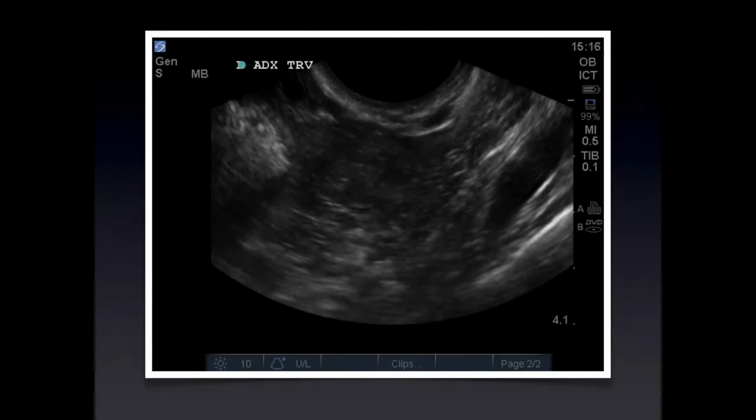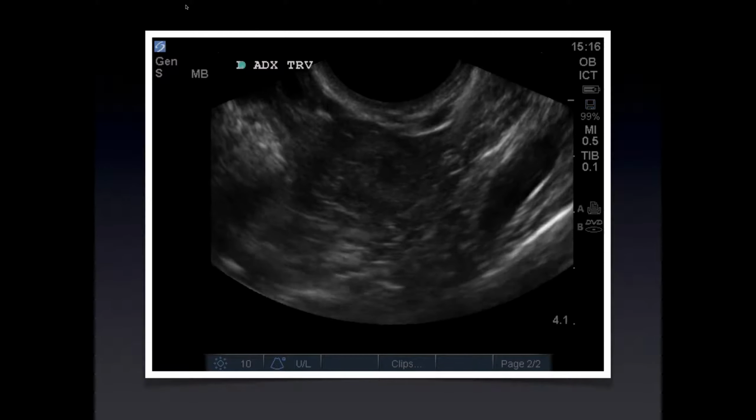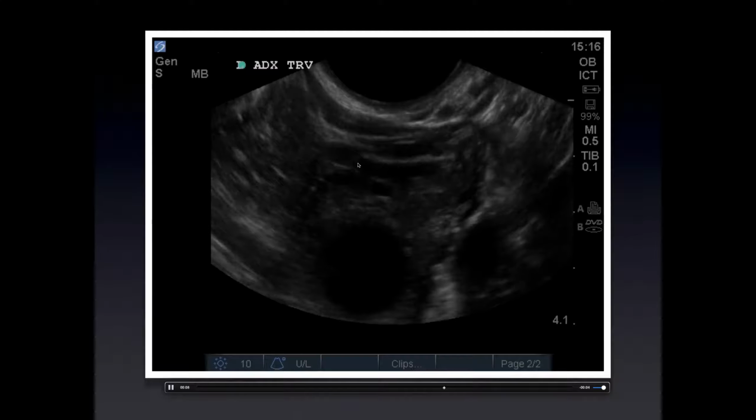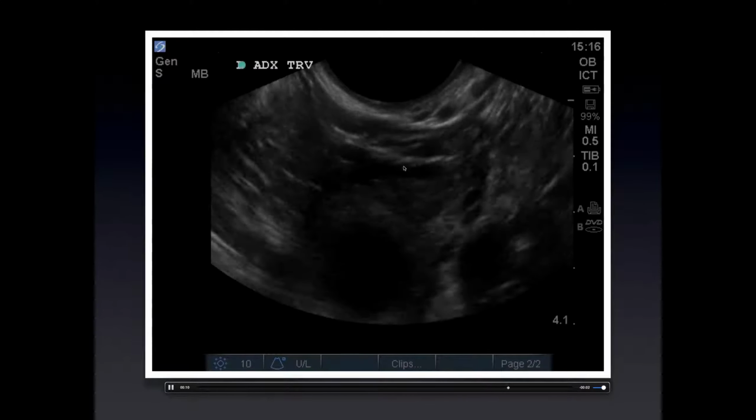And now, fanning into the adnexa, we see a complex adnexal mass. We're calling it a complex adnexal mass. Complex means heterogeneous in this case. So meaning it has some solid components, some hyperechoic components, some hypoechoic components, and some cystic or fluid-filled components.